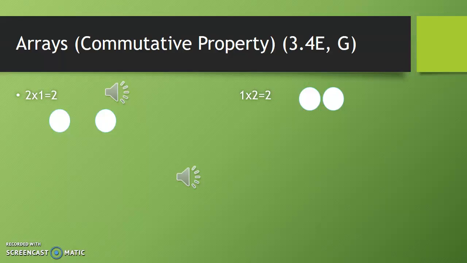You can also have 1 times 2 equals 2. So all we did was switch the numbers, but the answer stays the same. That is a rule with multiplication. So even if I had 100 times 5 or 5 times 100, it might make the arrays look a little bit different, but the answer will stay the same.